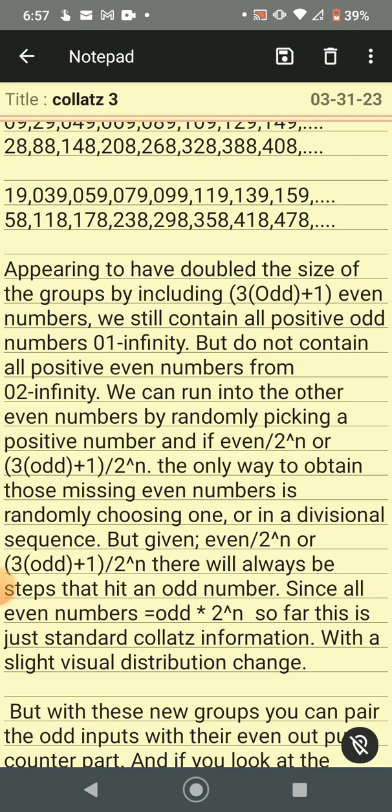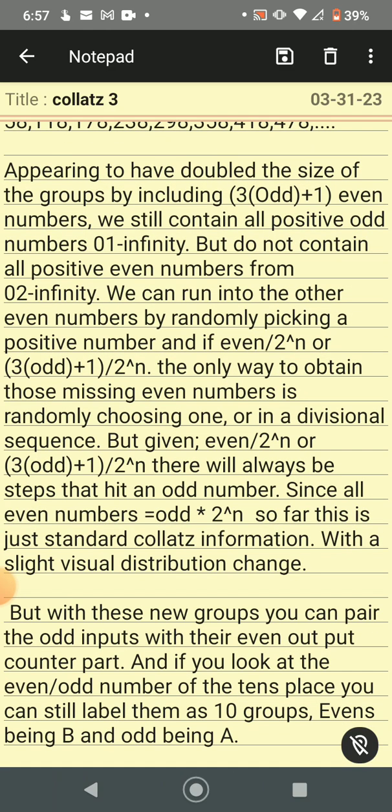We can run into other even numbers by randomly picking a positive number, and if even, divide by 2 to the power of n, or 3 times odd plus 1 divide by 2 to the power of n. The only way to obtain those missing even numbers is randomly choosing one or in a divisional sequence.